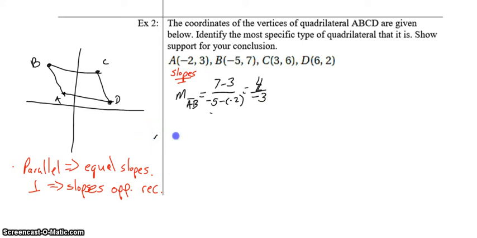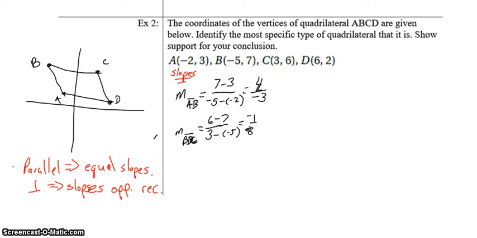What's the slope of segment BC? So that would be 6 minus 7 over 3 minus negative 5, negative 1 over 8.